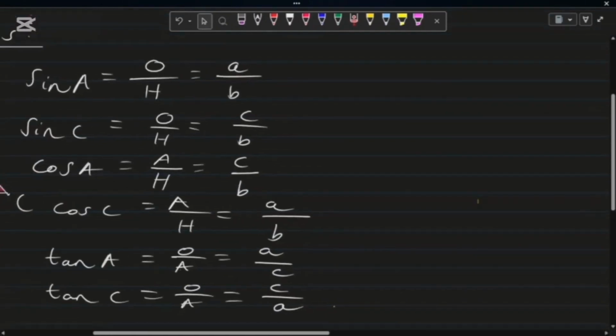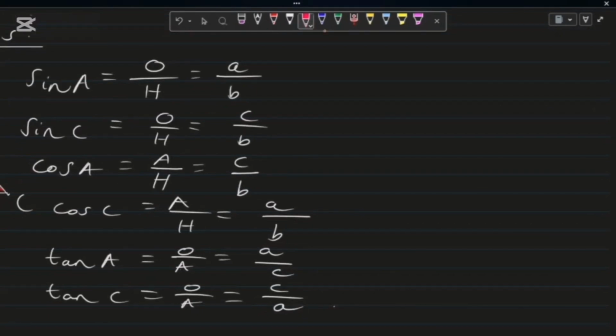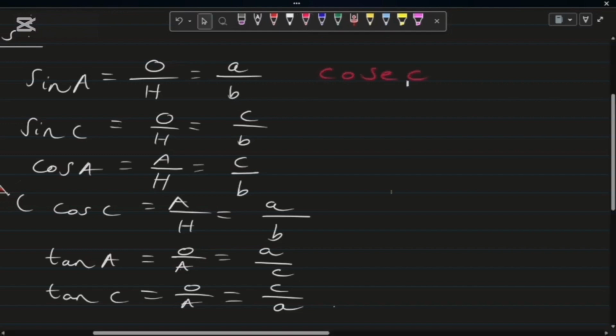So the inverse of the sine ratio is what we call the cosec ratio. Now, the inverse, as the word states, is the reverse of what we did when we were determining the sine of angle A. So the cosec of angle A will be the hypotenuse over the opposite side, instead of the opposite side over the hypotenuse side.